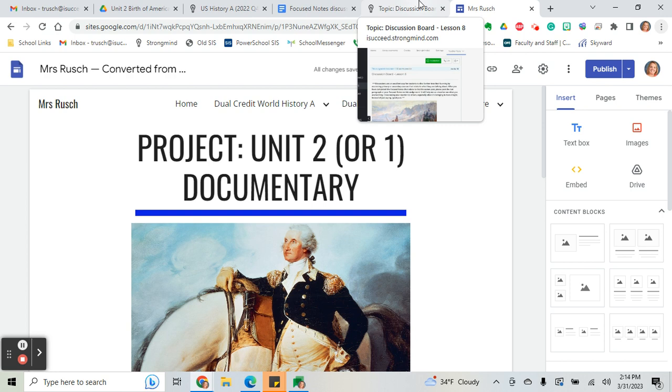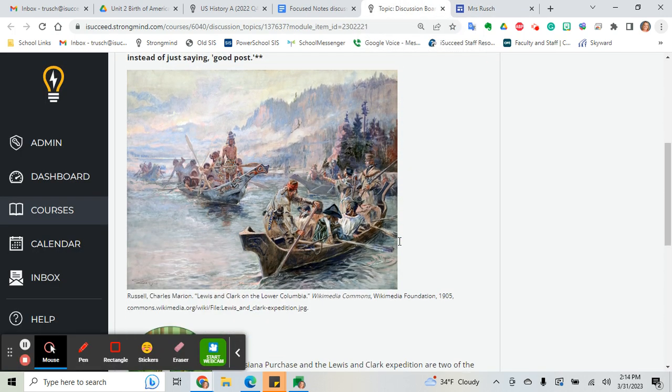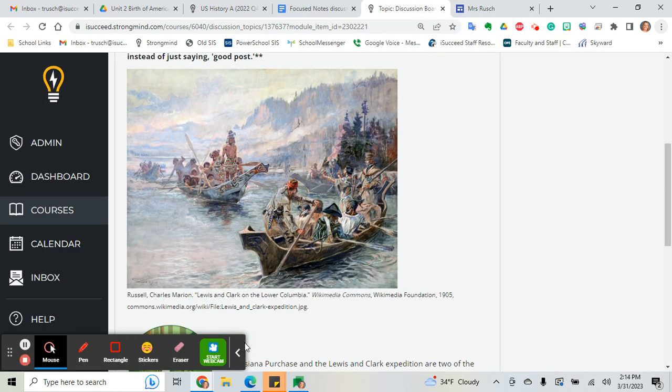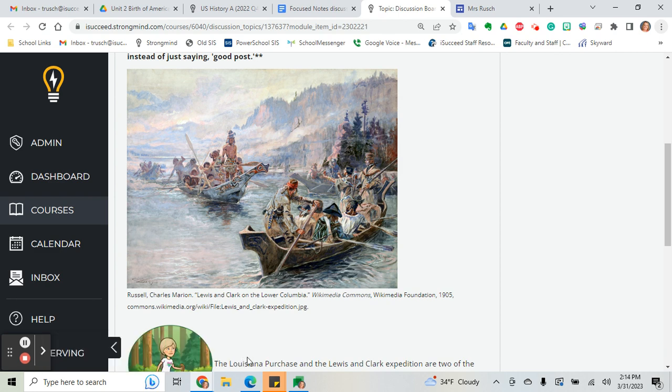And I want to show you this picture right here, which is called Lewis and Clark on the Lower Columbia. When I taught this in the classroom every year, we would get to this point and I would need to hurry up because we had a lot of curriculum to get through and we were always behind, because that's how it is when you're a teacher.